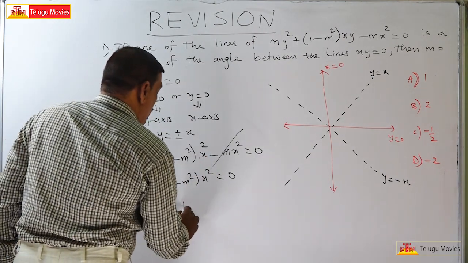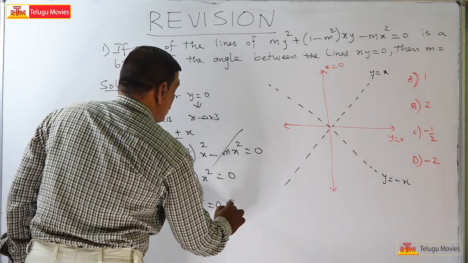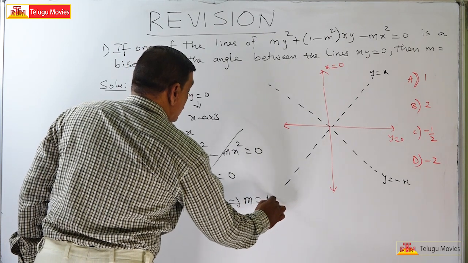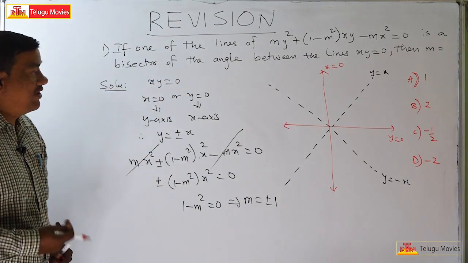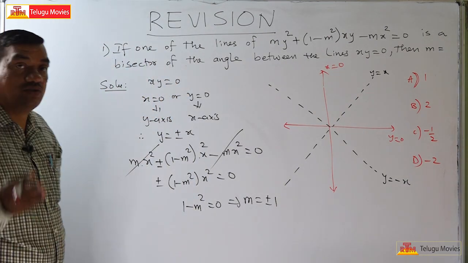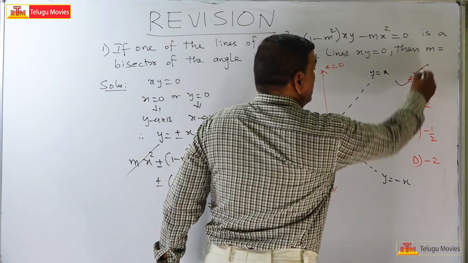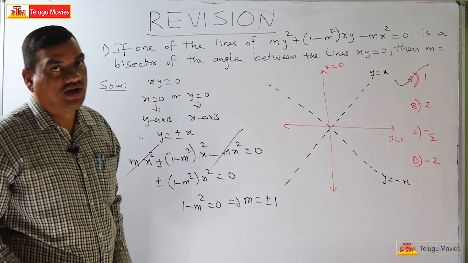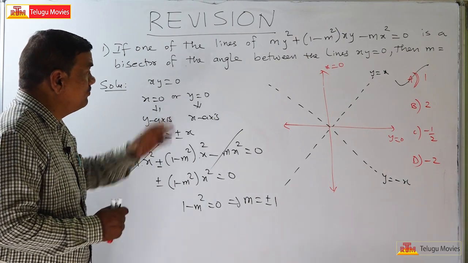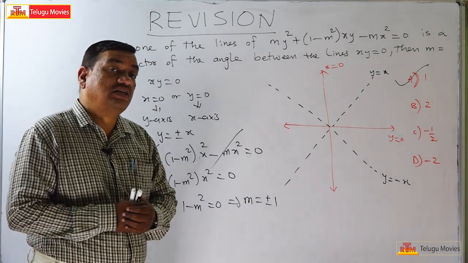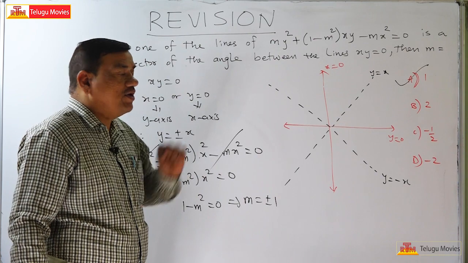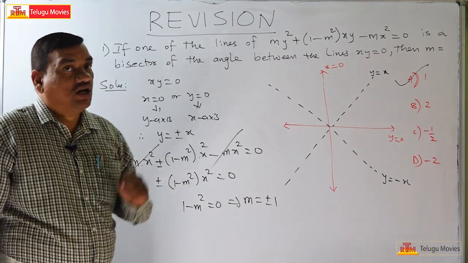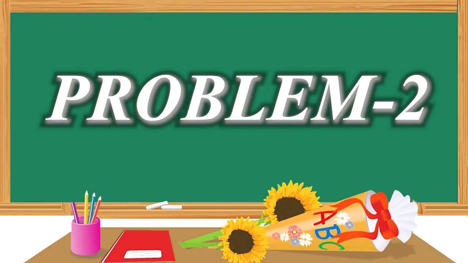This is possible only if m square is equal to 1. Therefore m is equal to plus or minus 1, so the m value is either plus 1 or minus 1. In the options, option A is given as plus 1. So it is a very easy problem, and this type of problem is also asked in the JEE Mains examination. I hope you understand this solution. Let us move to the next problem.